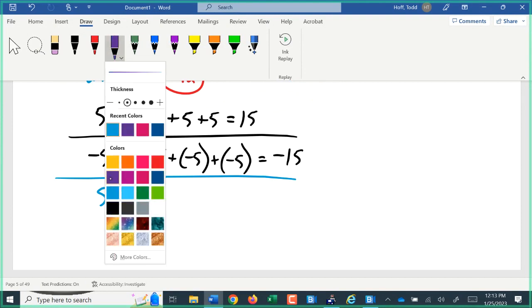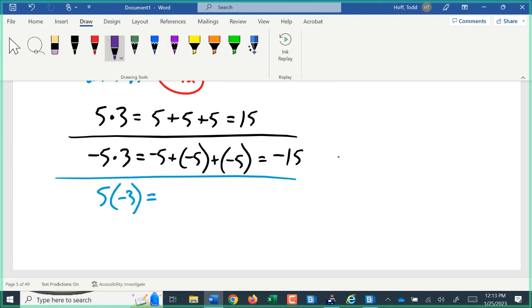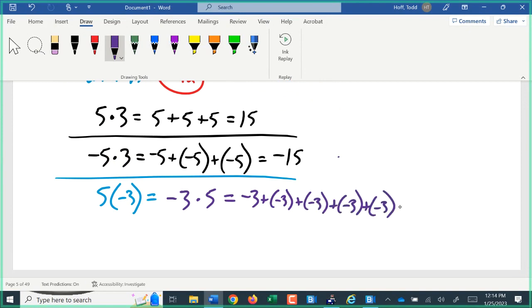But what we can do is, in multiplication, we can change the order of the numbers, what we call commutative, to do negative 3 times 5. Now that's saying take negative 3 and add 5 of those together. Negative 3 plus negative 3 plus negative 3 plus negative 3 plus negative 3, which is negative 15.